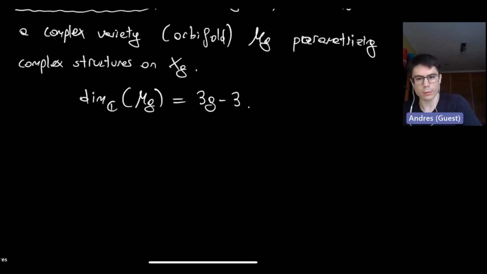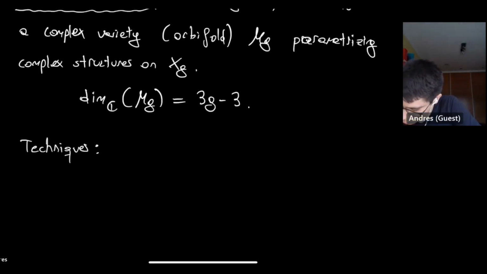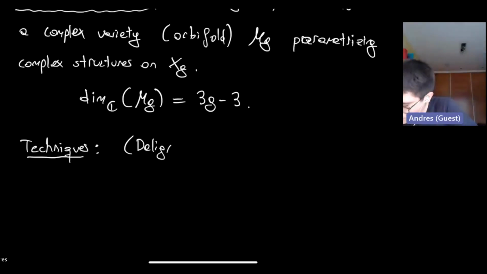So I just want to tell you about two techniques that one generally uses in moduli theory in order to understand moduli spaces. I think they were very successfully applied to this moduli problem by Deligne and Mumford.